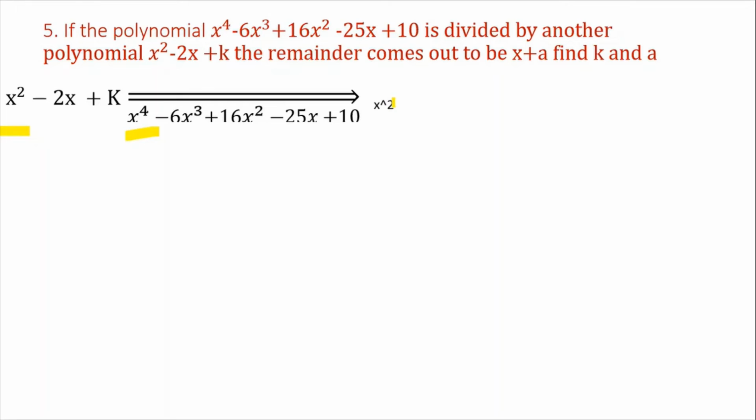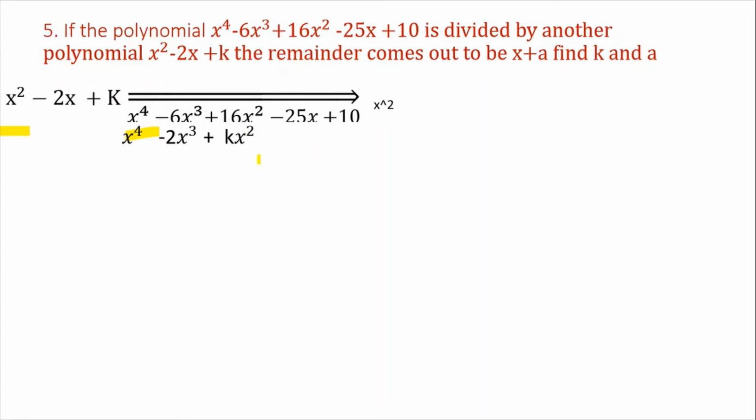So if I multiply x squared with the total term, I am getting x squared into x squared, that is x power 4, minus 2x into x squared, that is minus 2x cube, plus k into x squared, which is equal to kx squared.